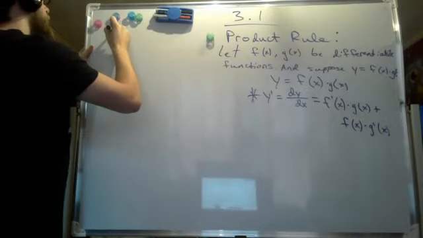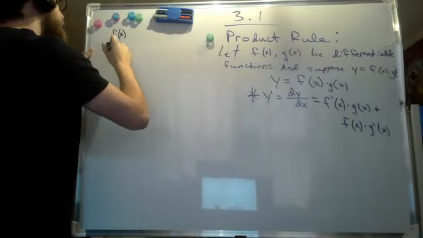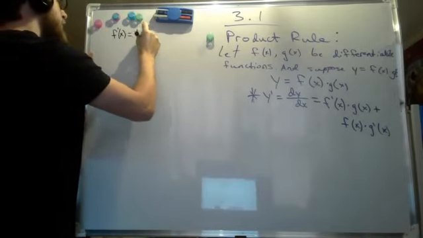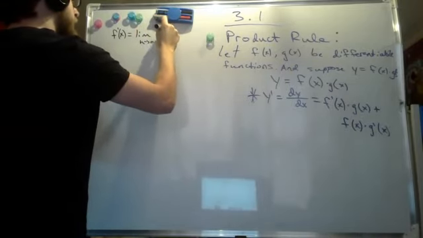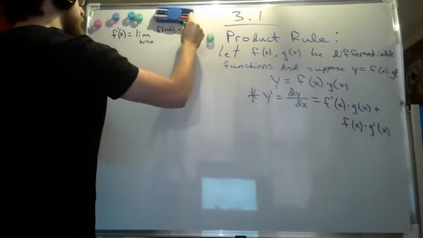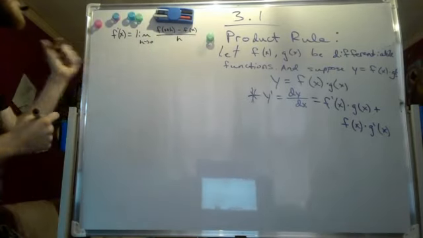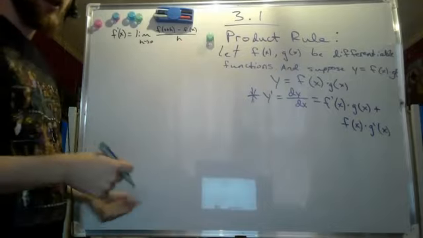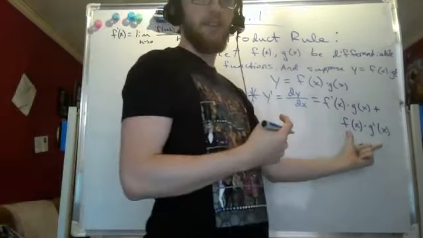So recall that if we have f of x, then f prime of x is equal to the limit, as h goes to 0, of f of x plus h minus f of x, divided by h. This is the definition for the derivative using the limit definition. We're going to use this definition to force it to turn into this guy.